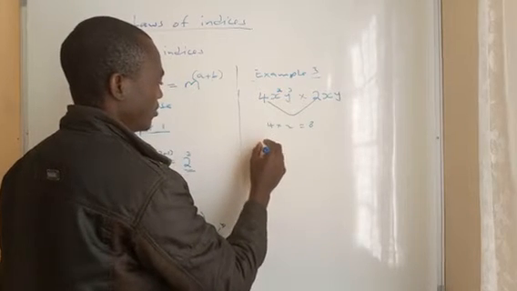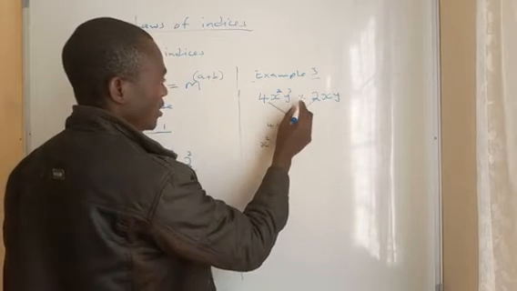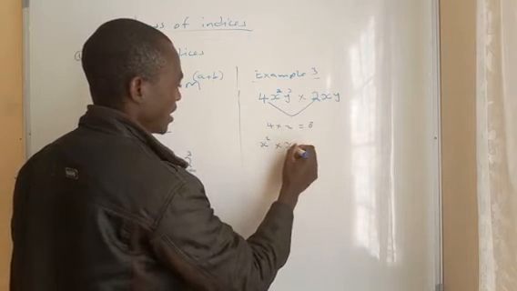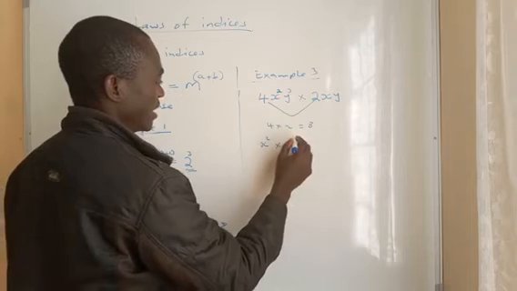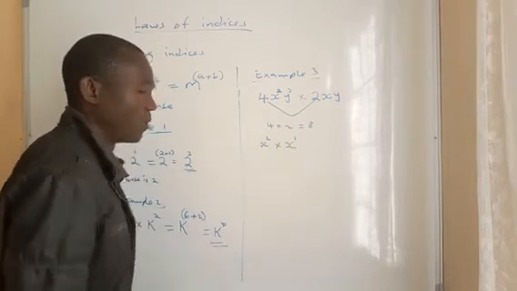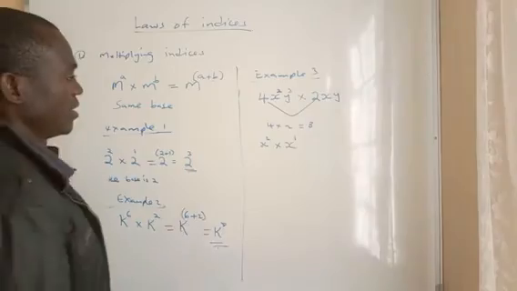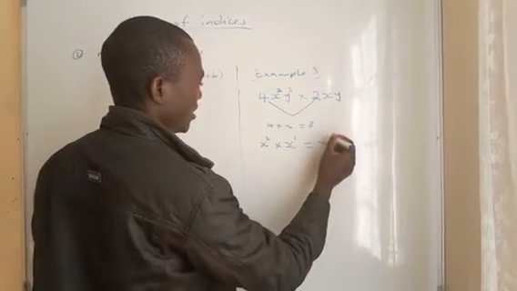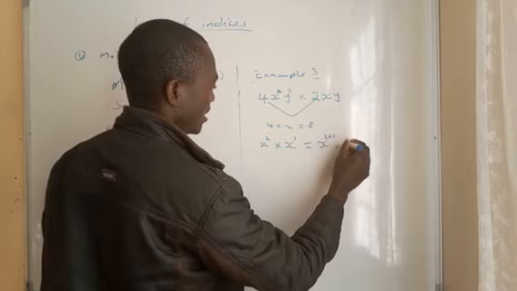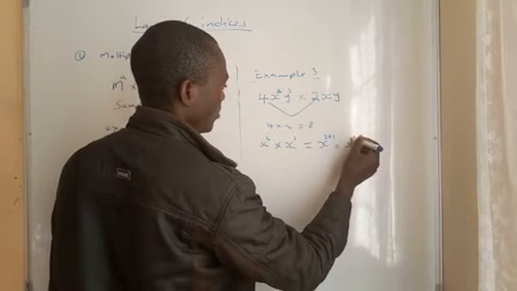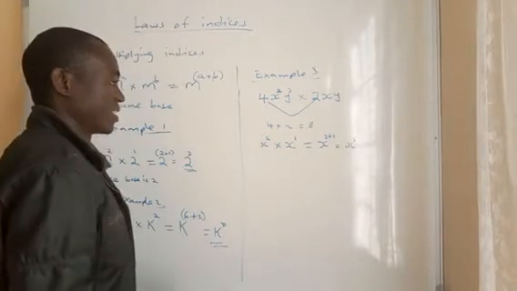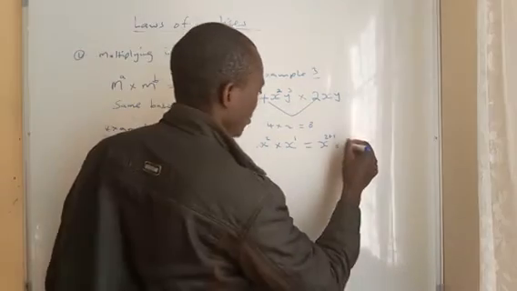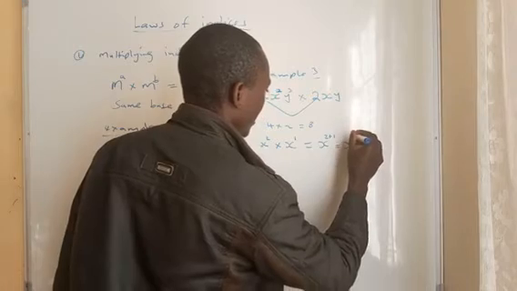Then we come to x power 2. The sign is multiplication, times x. Kindly remember, x is x power 1. Is the base the same? Yes, so that is x. 2 plus 1, the answer is x power 3.